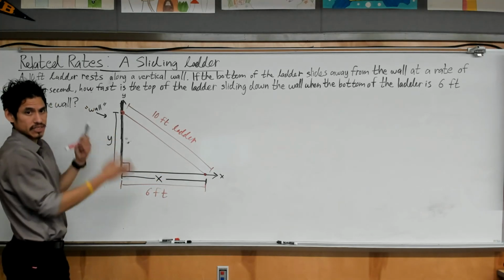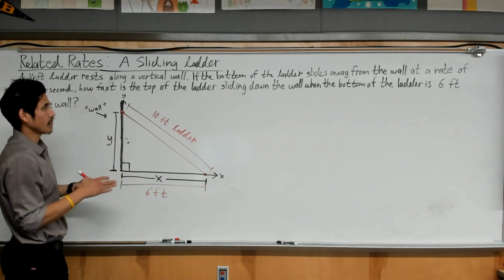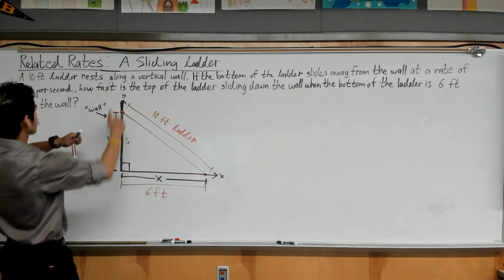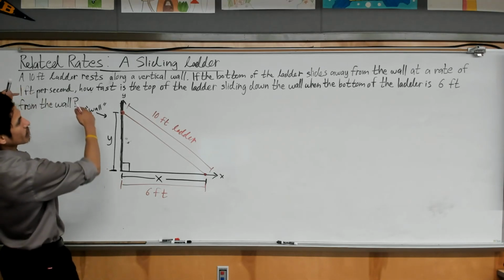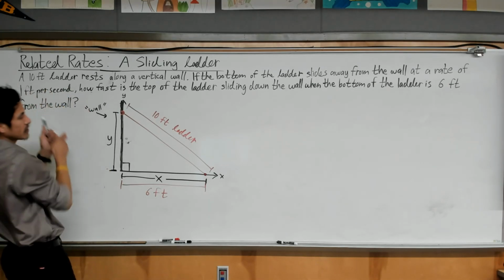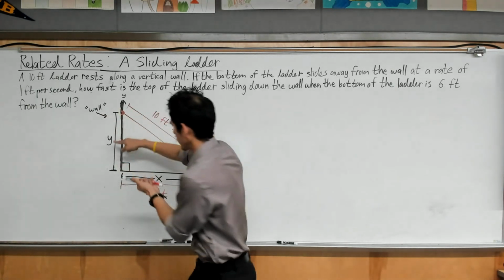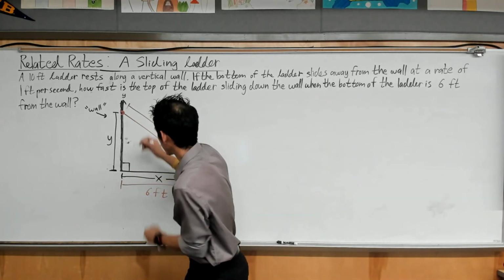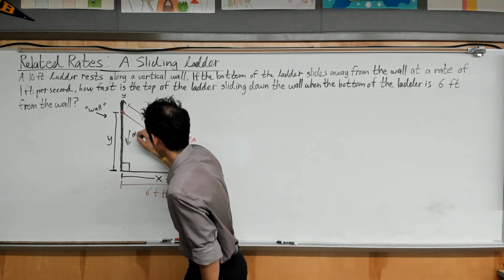Now, x and y are changing, so it doesn't start at 6. The top is going to be sliding down this wall. So this is y, and dy/dt would essentially be this motion.